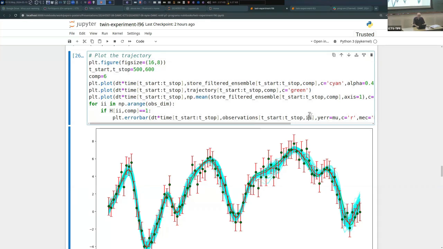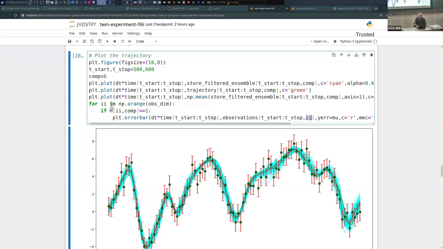So it should have been this part. In the plotting, this should have been II in that bit of code. Do you see this, for II equal to np.arange(obsdim)? Is that in the plotting code or not? In the uploaded notebook, or did I add this afterwards? I don't remember now, sorry. There was a bit of a time lag between what I uploaded and the plotting of the trajectory.